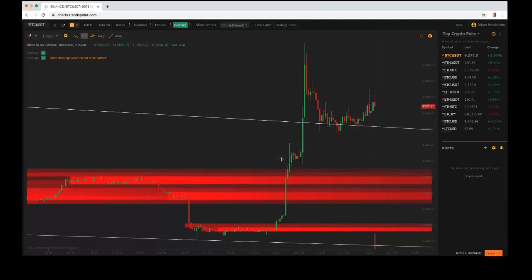And depending on how you trade your stop loss, you could actually be in this trade as it broke as well. So this is a good example of a good risk reward trade where we had a big distance to our take profit and a small distance to our stop loss.